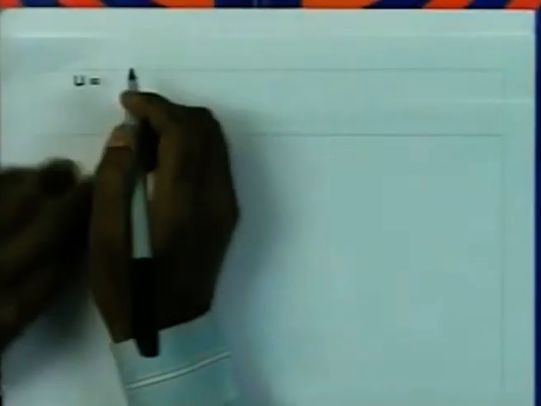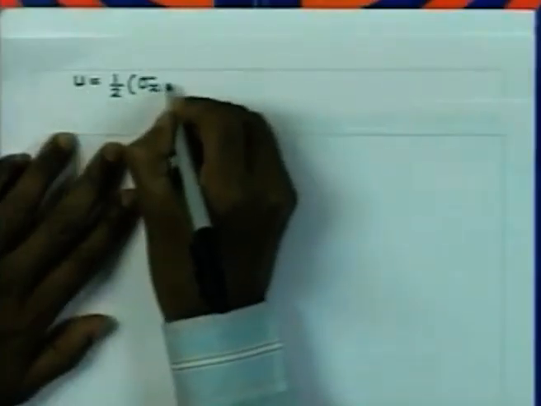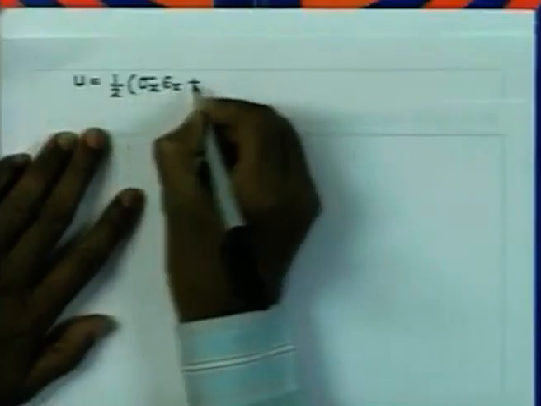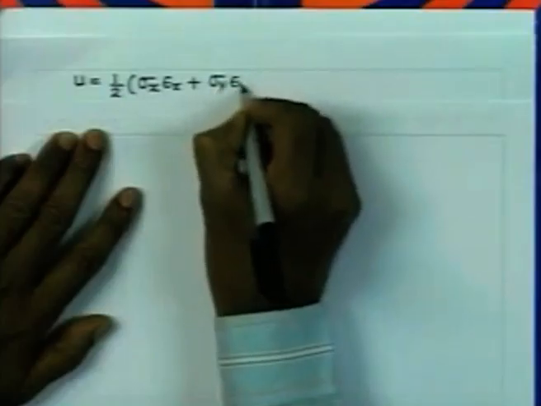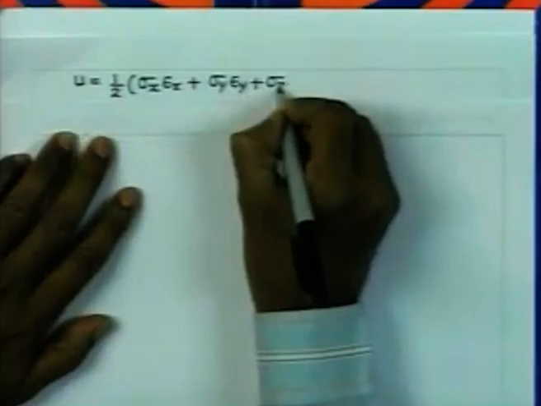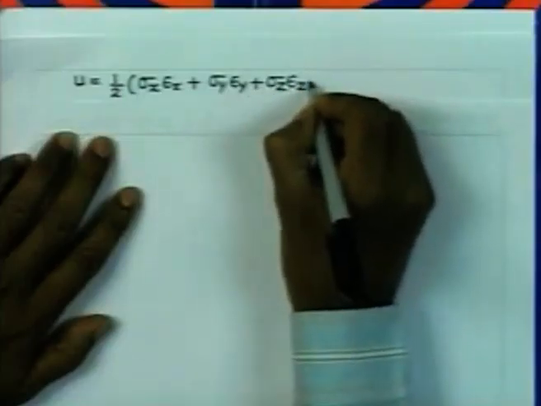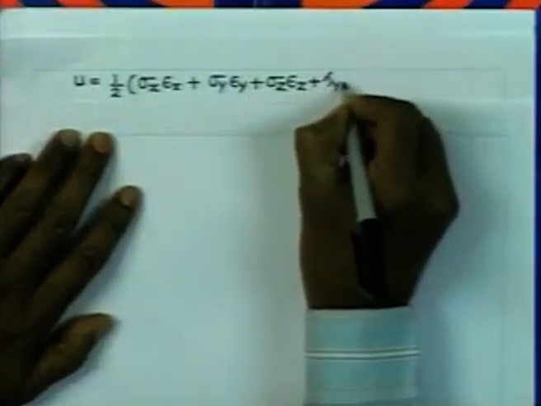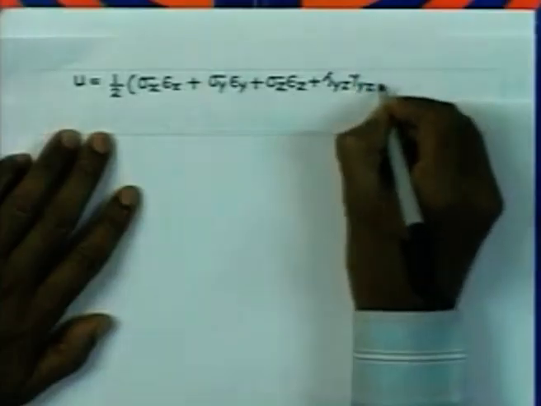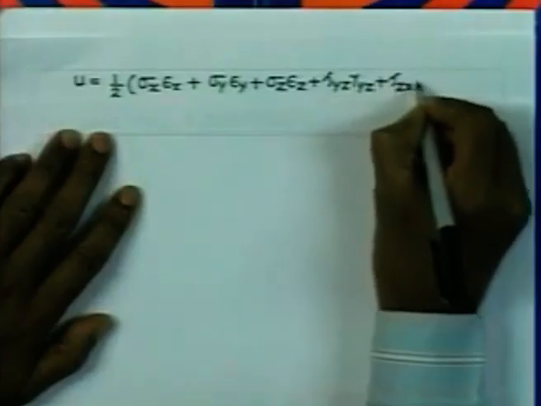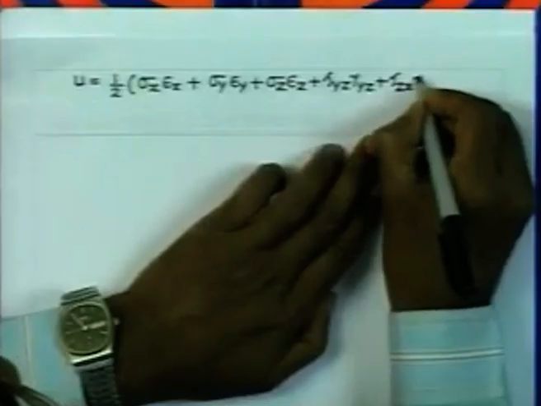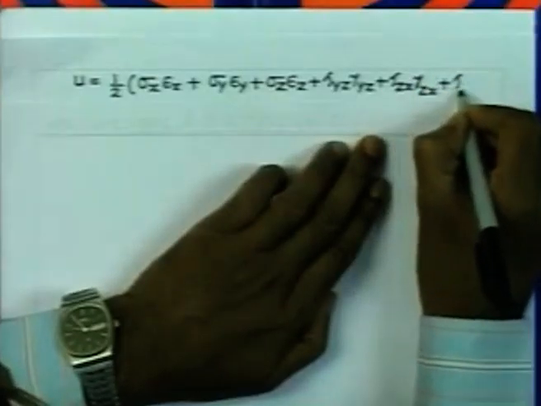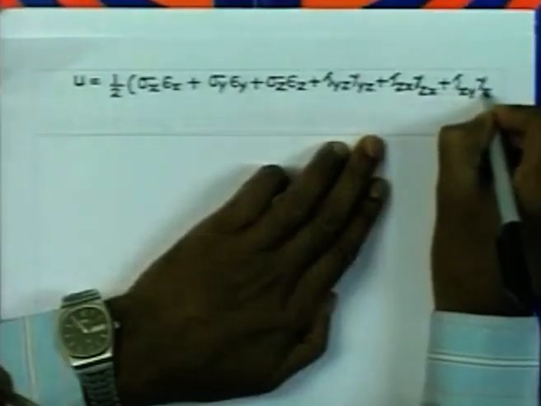In 3 dimensions you will find that this strain energy density U is going to involve all the 6 components of stresses and strains, and it will be like this: half of sigma x into epsilon x plus sigma y into epsilon y plus sigma z epsilon z plus tau yz gamma yz plus tau zx gamma zx plus tau xy into gamma xy.